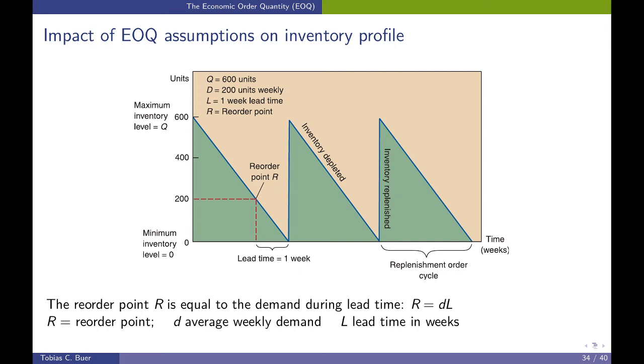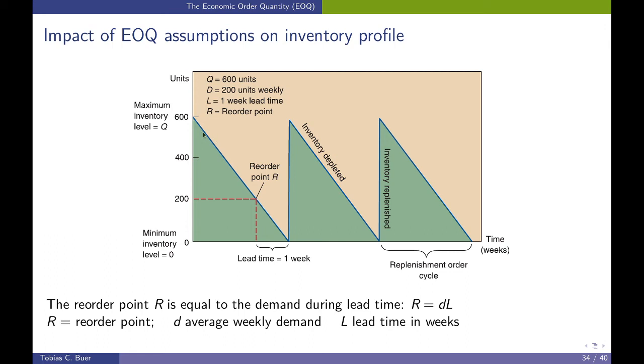And then you see, when we go from left to right, I hope you can see my mouse cursor, that the inventory level constantly goes down. This is because we assume constant demand, and therefore we have a straight line. If we had random demand, for example, there would be much more deviations.